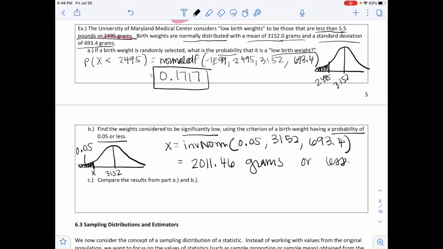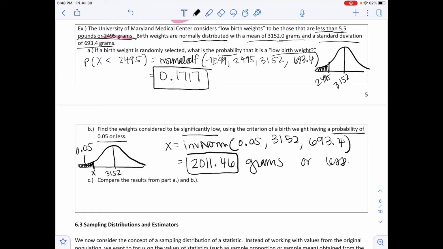Part C says to compare the results from Part A to B. If you look at your answer from Part A, you can see that the hospital is considering a low birth weight to be anything less than 2,495 grams, when in fact something that's considered significantly low or very unusual would be something less than 2,011.46 grams.